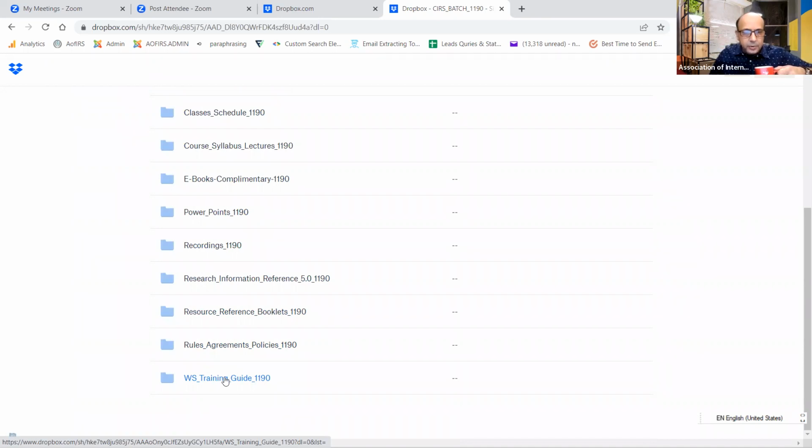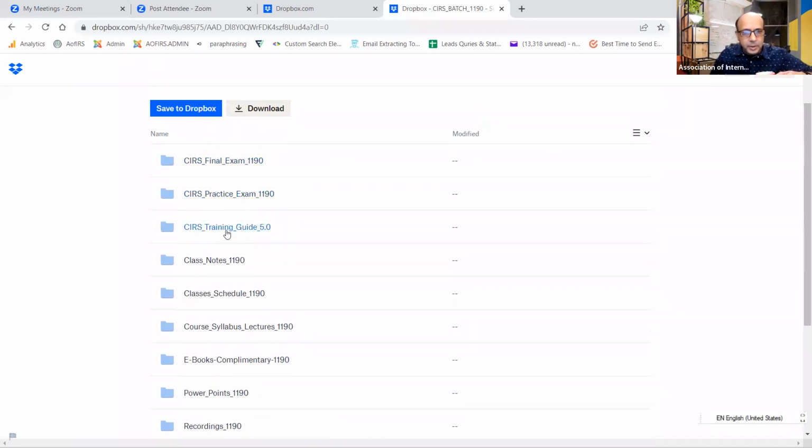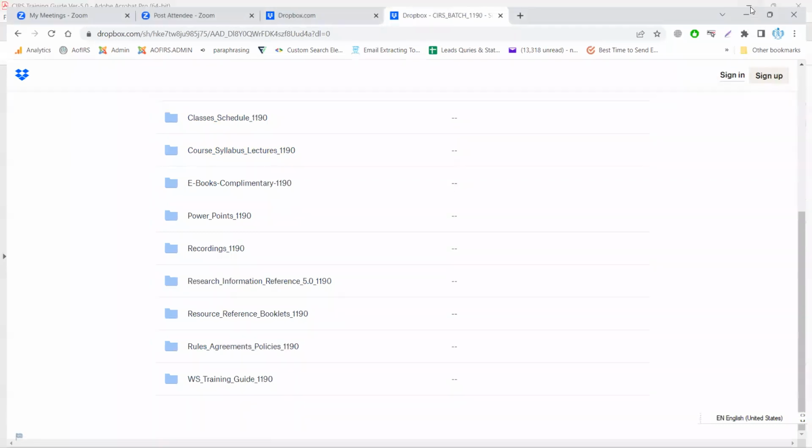It is meant for those students, but it's not as relevant for you, because anything included in the WS book is covered in 5.0. This is the mother of all books. It has everything that is taught in the CIRS course, and a part of it is extracted and placed in the WS reference guide. So that could be confusing, but it's just an additional piece of book you shouldn't be worried about. Okay, all good. Thank you.